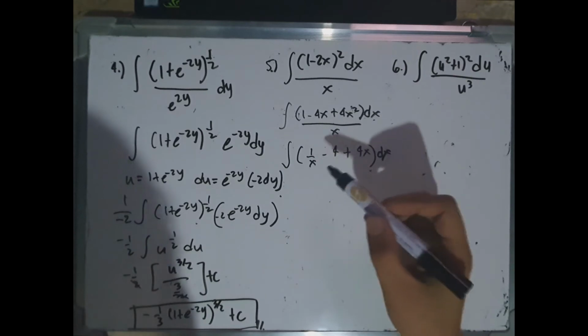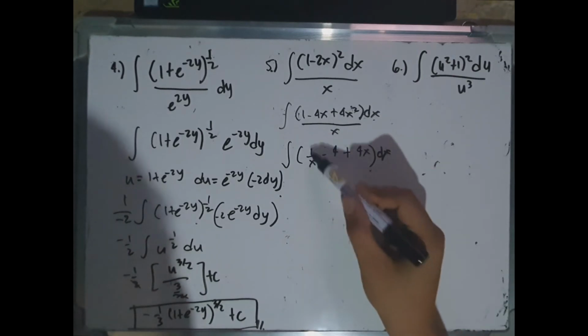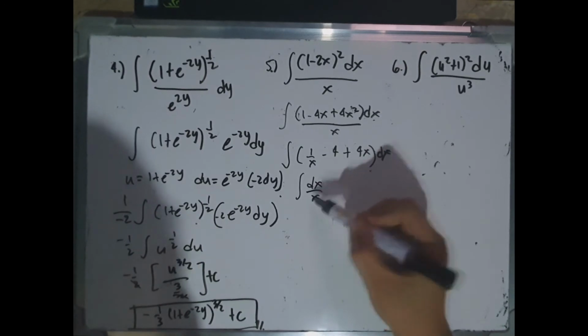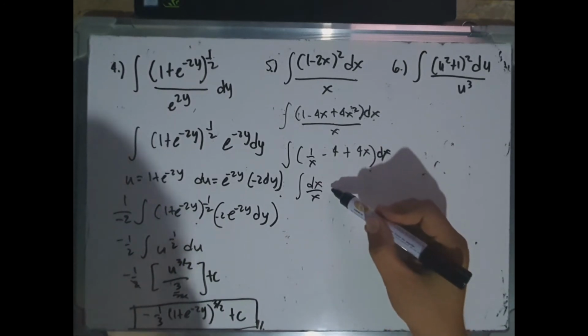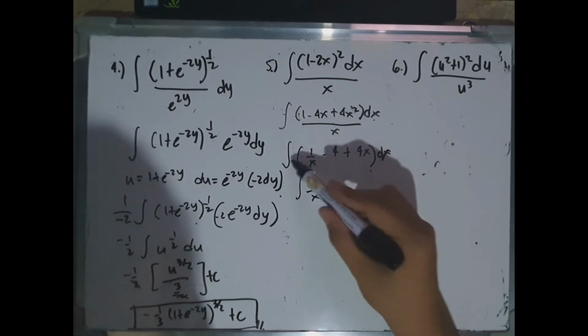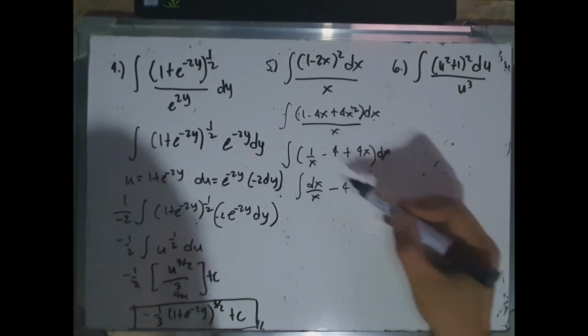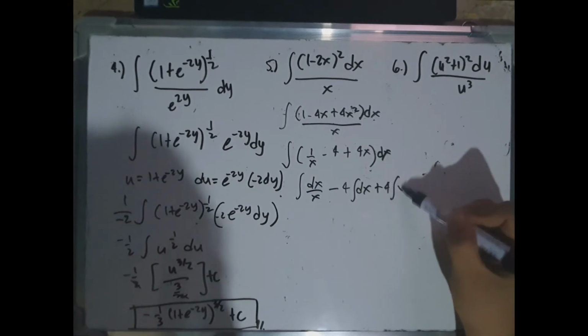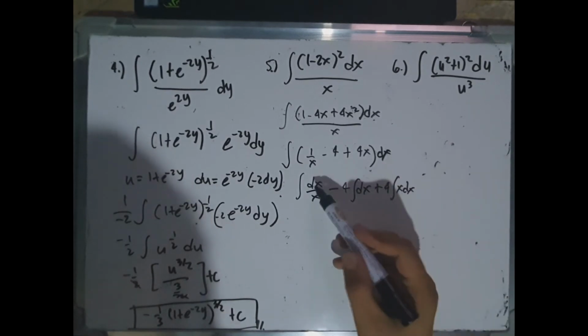So now let's proceed. We could have integral of dx over x minus 4 integral of dx plus 4 integral of x dx.